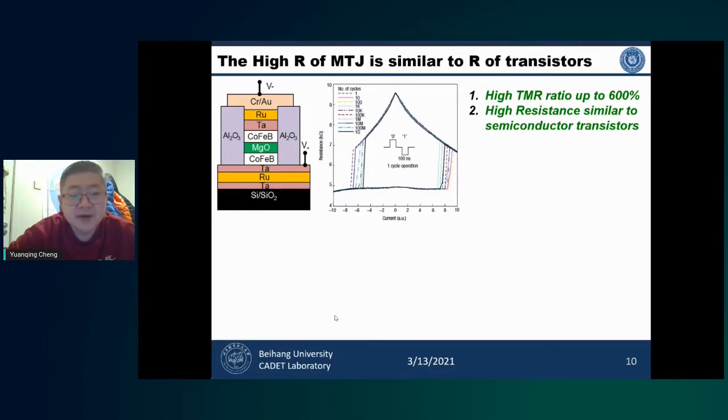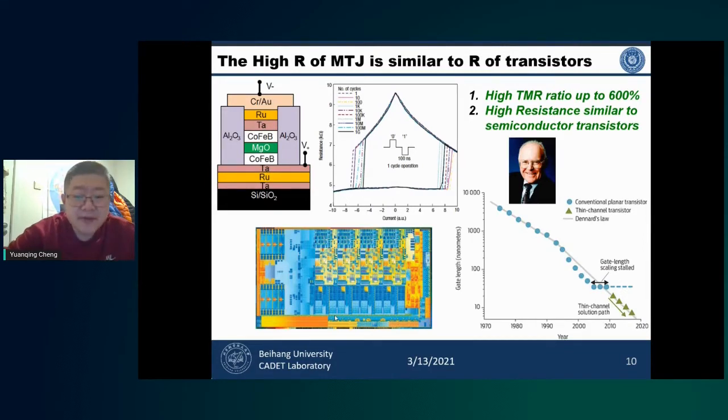For the different high and low resistance, we can approach a very high TMR ratio. It is the metric that measures the difference between the high resistance and the low resistance. The higher the difference, the easier we can distinguish data 1 from data 0.